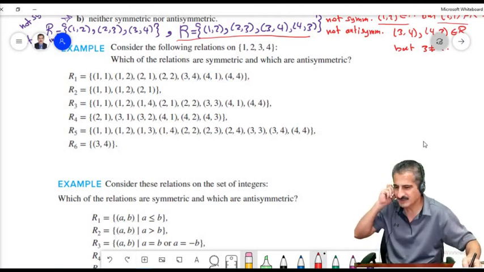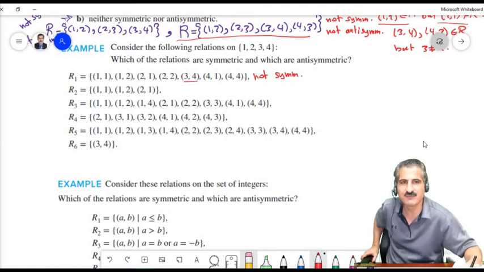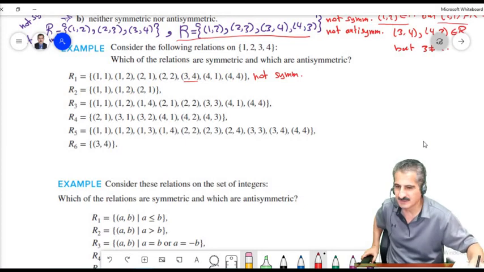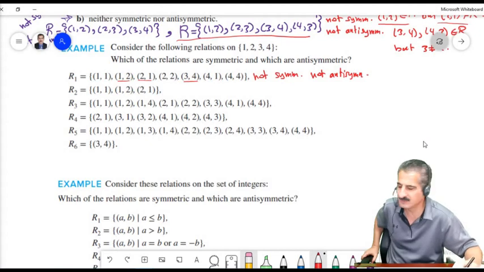Okay, so let's start with them. R1 is not symmetric, right? Because we have (3, 4) in here, but we don't have (4, 3). Correct? And is it anti-symmetric? Not anti-symmetric, right? Because we have 1 related to 2 and 2 related to 1, and 1 and 2 are different elements. Okay, what about R2?